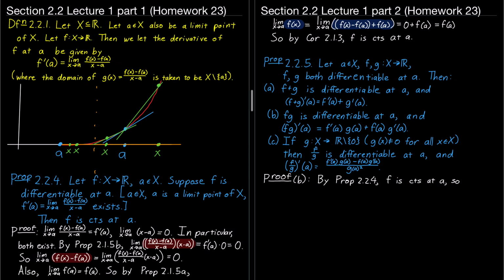So by corollary 2.1.3, we have that f of a is equal to the limit as x approaches a of f of x.